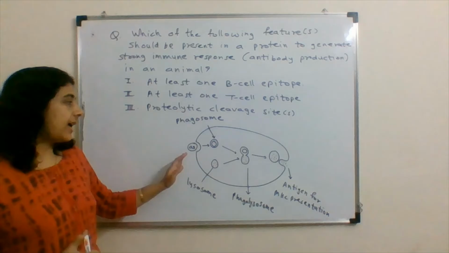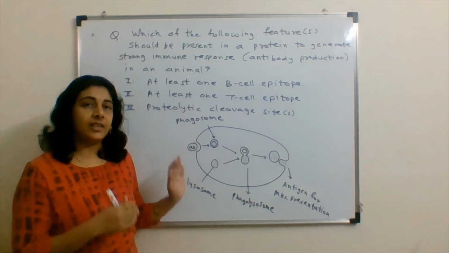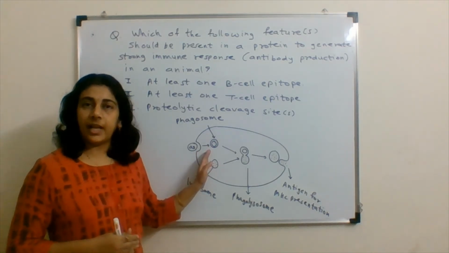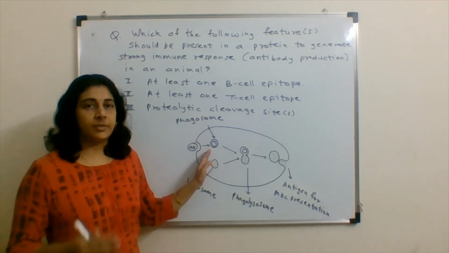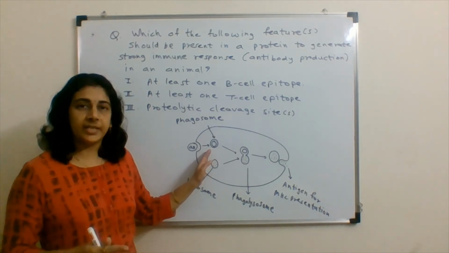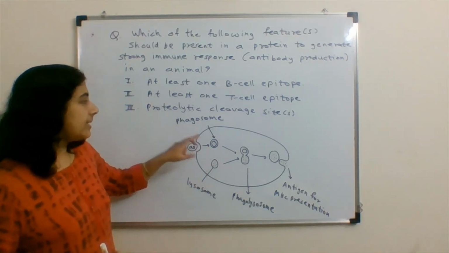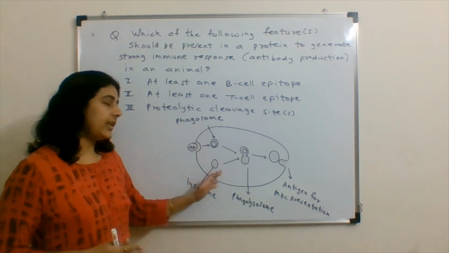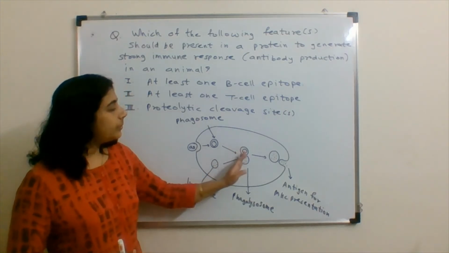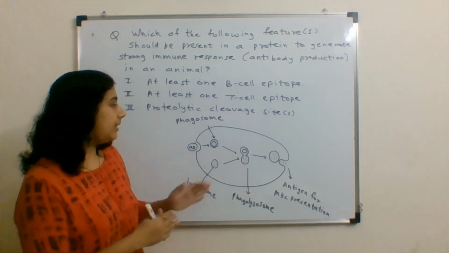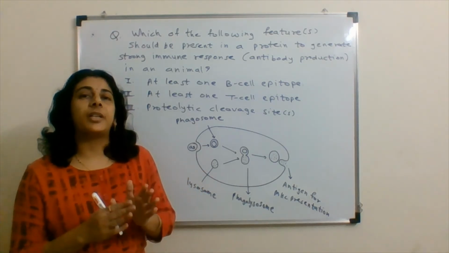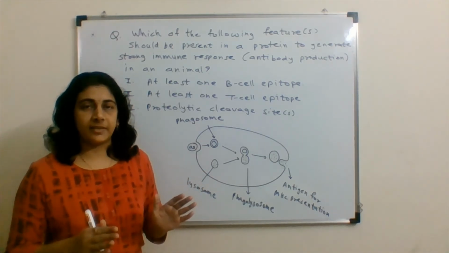So here this antigen is first engulfed by the antigen presenting cell. It may be a macrophage, it may be a dendritic cell, it may be a B cell. Then it is having phagosome, it is having lysosome. Both get fused, it forms a phagolysosome, and here the cleavage of that particular antigen takes place.